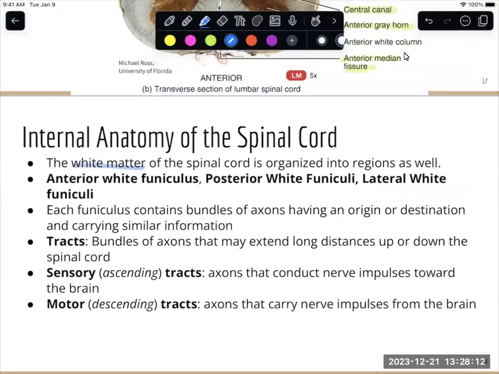That white matter is made up of funiculi, or funiculus. We have anterior, posterior, and lateral funiculi.